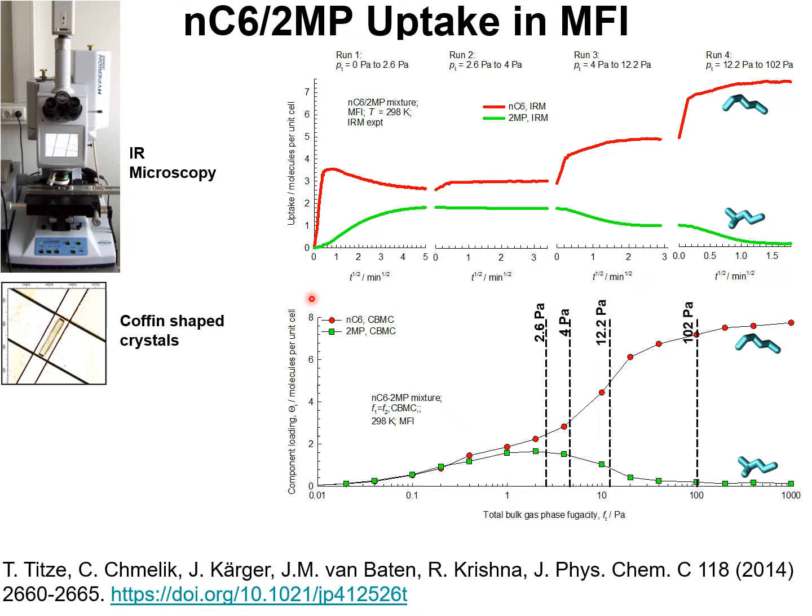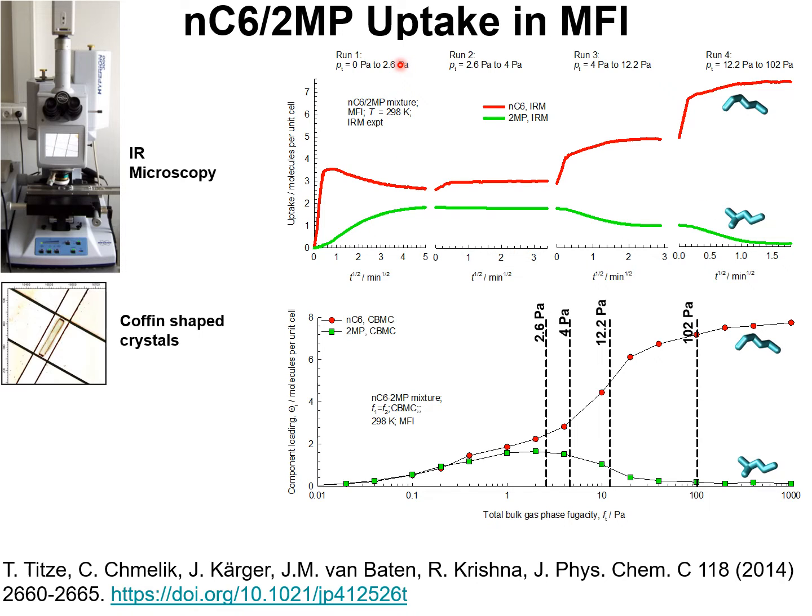I present here below configurational bias Monte Carlo simulations of the component loadings for the mixture of normal hexane and 2-methylpentane at precisely the same temperature, maintaining partial fugacities in the gas phase equal to one another, just like in the uptake experiments.